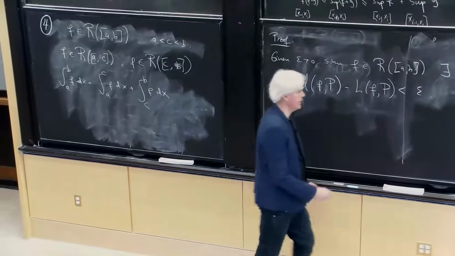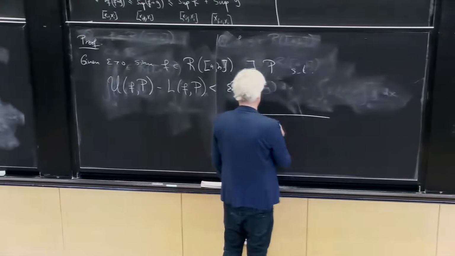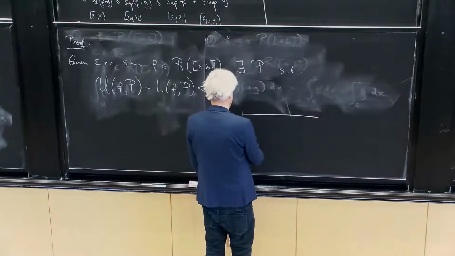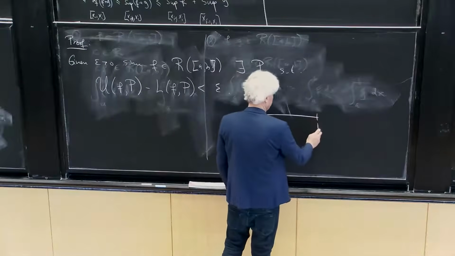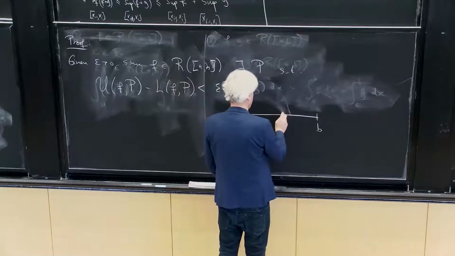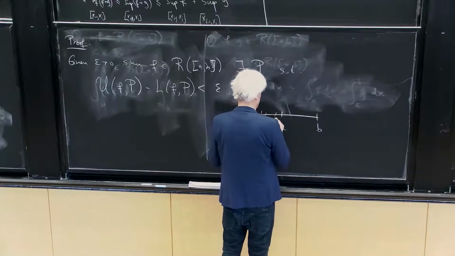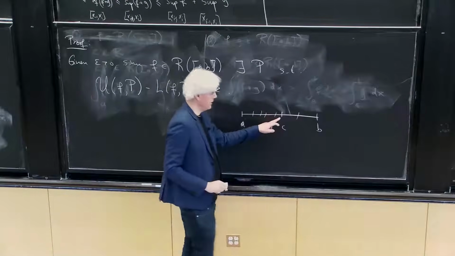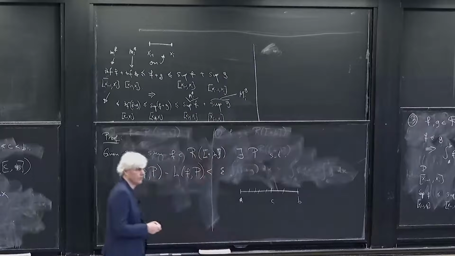Now, I look at a refinement. So here I have a, here I have b, and here I have c. And I have some partition, but it may not have c as a dividing point, right?